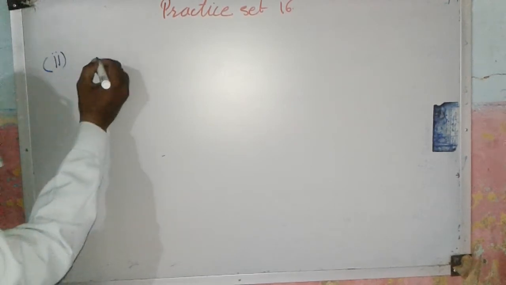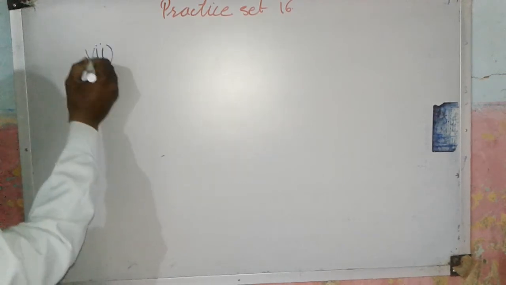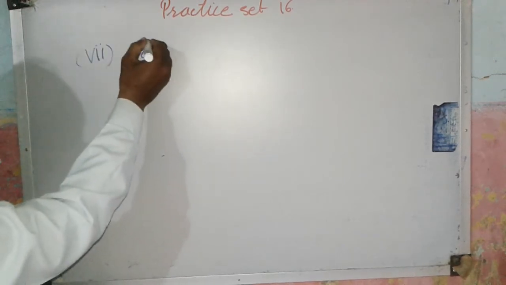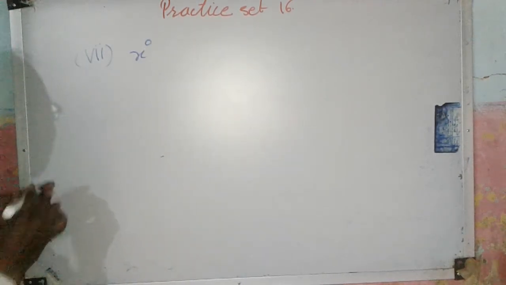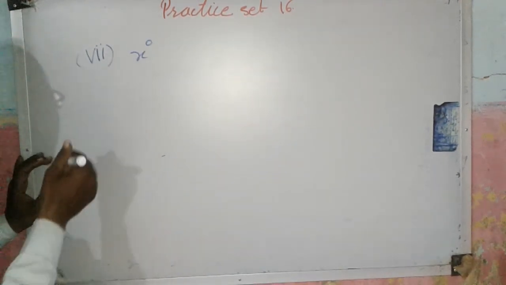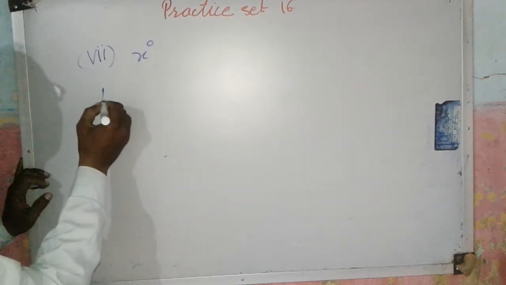Example 7. The measure of the angle given is x degrees. Now we have to find its complementary angle.